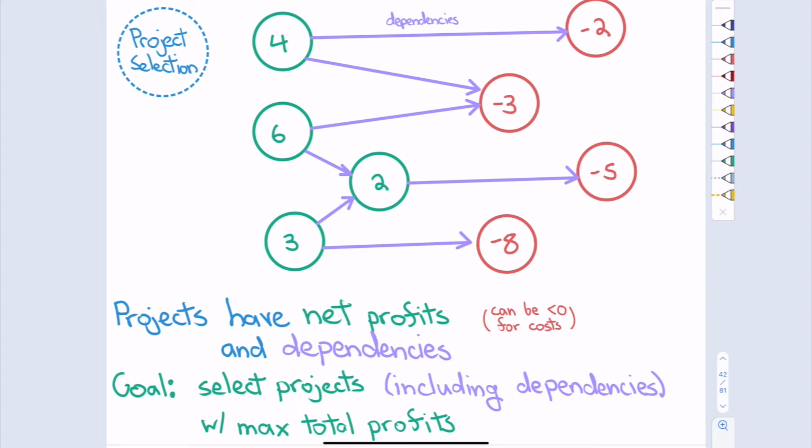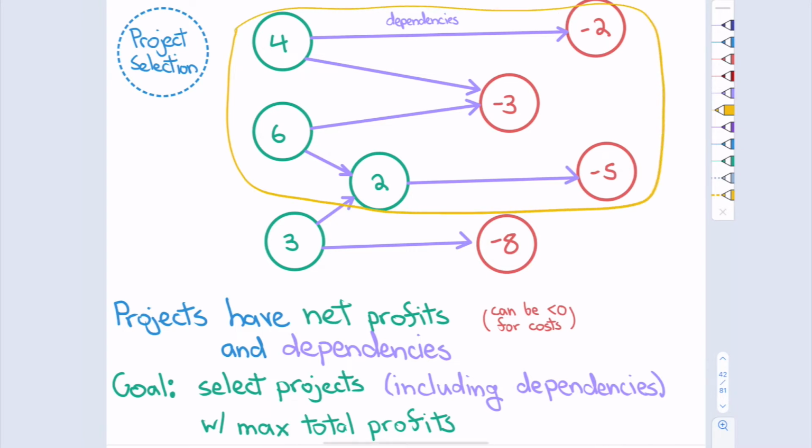All right, did anyone find one that breaks even besides the empty solution? How much were you able to get? 2. Okay, 0. Did anyone get more than 0? So I think if you take this set, it includes all the dependencies, and it's probably worth 2 points.